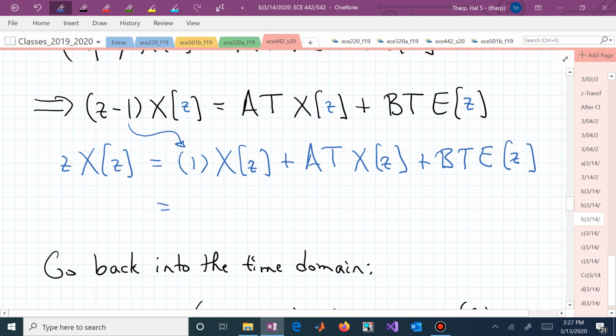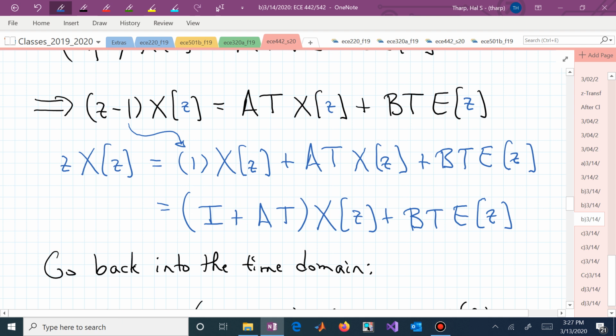That 1 times X of s is equivalent to the identity matrix capital I times X of s. X of s, remember, can be a vector, so that now we have I plus A T, capital X of z, plus B T E of z.